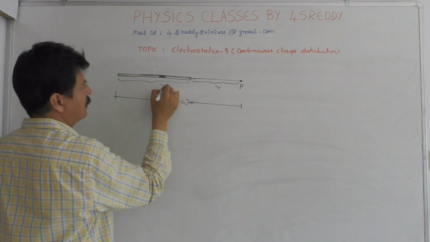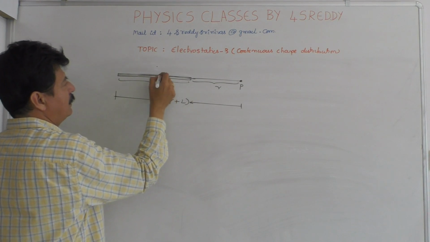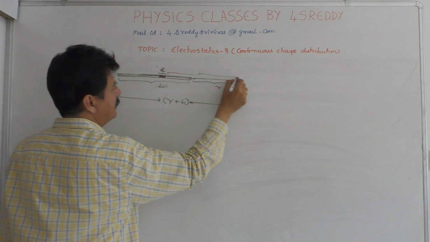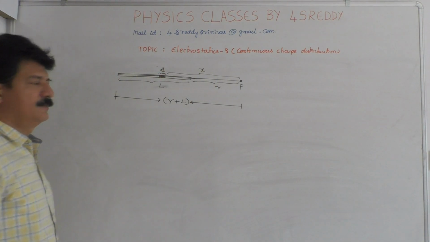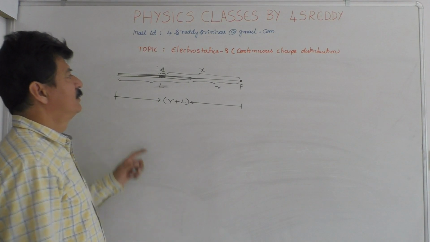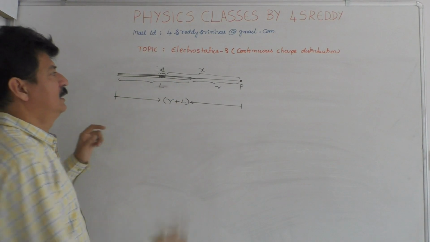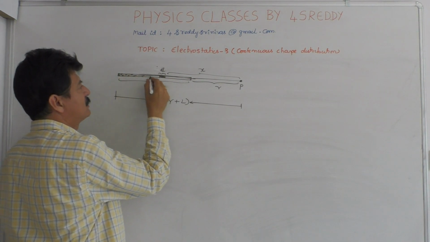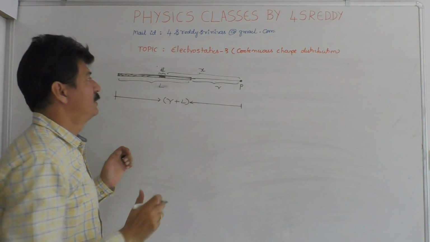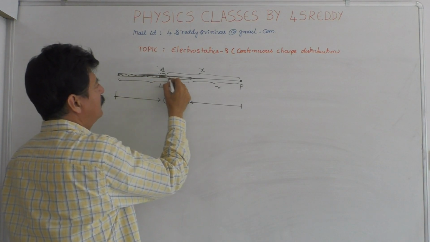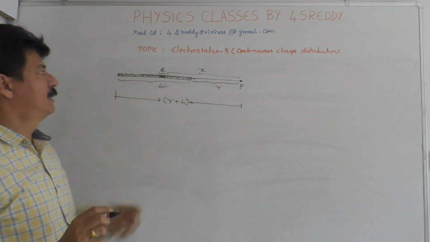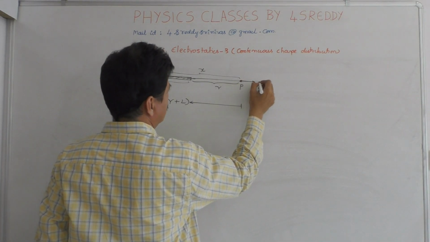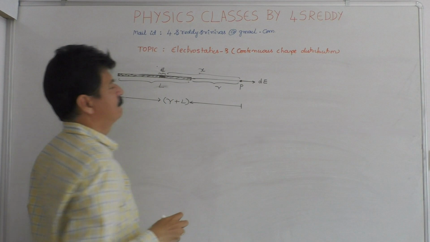Suppose this distance r is given, and an elemental length dl at a distance x from P. Here this is the rod of length L, this is one end and this is the other end. You can assume a thin uniform rod.